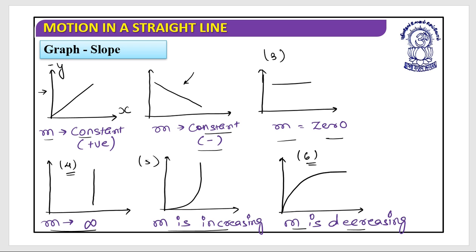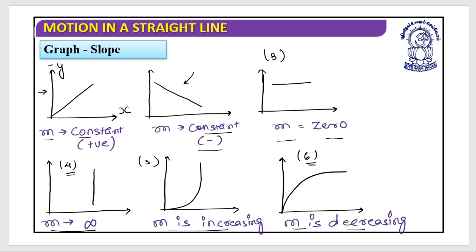Next is the graph. In the coming sessions, we are going to discuss integration. So these are some of the topics that we require in 11th and 12th. That's why revision of these topics is very essential, so please do revise that. Okay, so this is all about the slope.